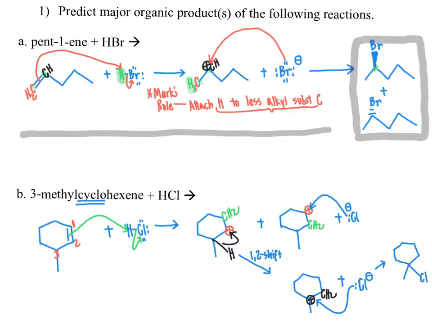So we'll have a chlorine bonded there as one of our organic products of this reaction. The other is going to have a chlorine up here. And I'll go ahead and put a box around each of those products. So we got one of our products here. The other one is this. These two are related as constitutional isomers, going back to the vocab related to the relationships between different molecules.